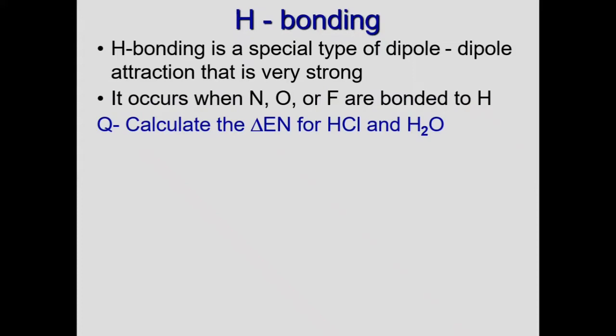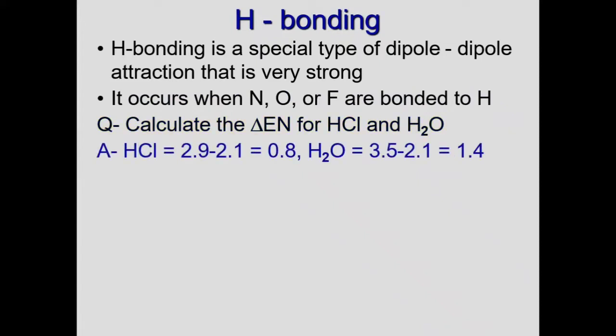Now, let's calculate the change of electronegativity of hydrogen chloride and water. How could we calculate it? Hydrogen chloride is 2.9 minus 2.1.